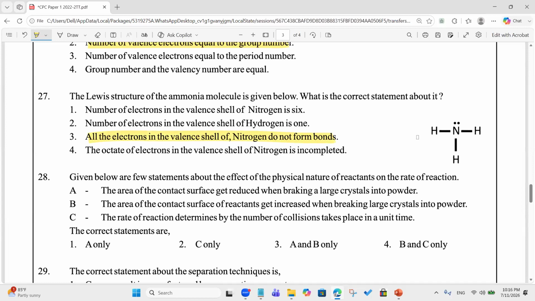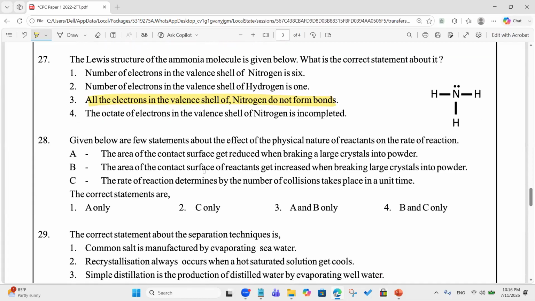Yes, that's correct. There are two electrons that are not bonding. Do you remember the name given for these electrons, the pair of electrons which are not bonding? Lone pairs. Good.